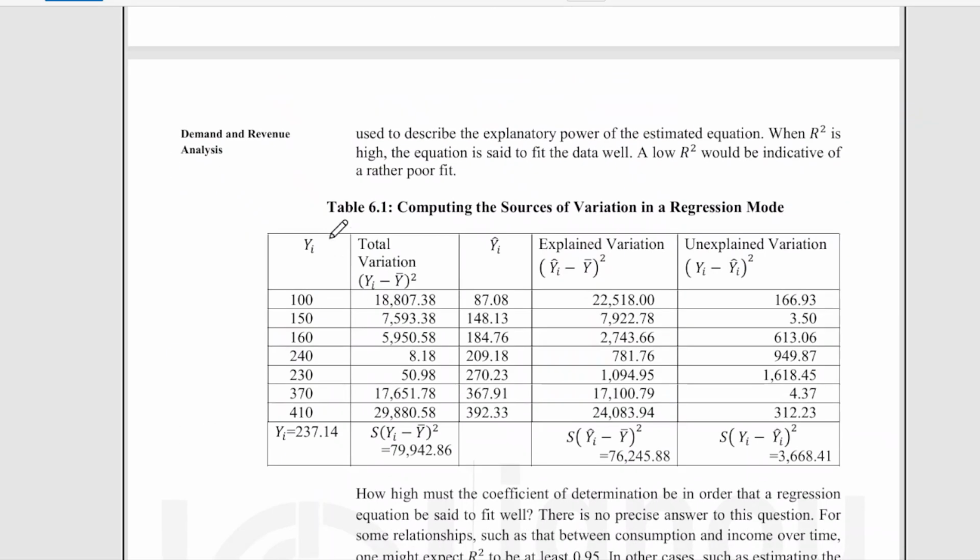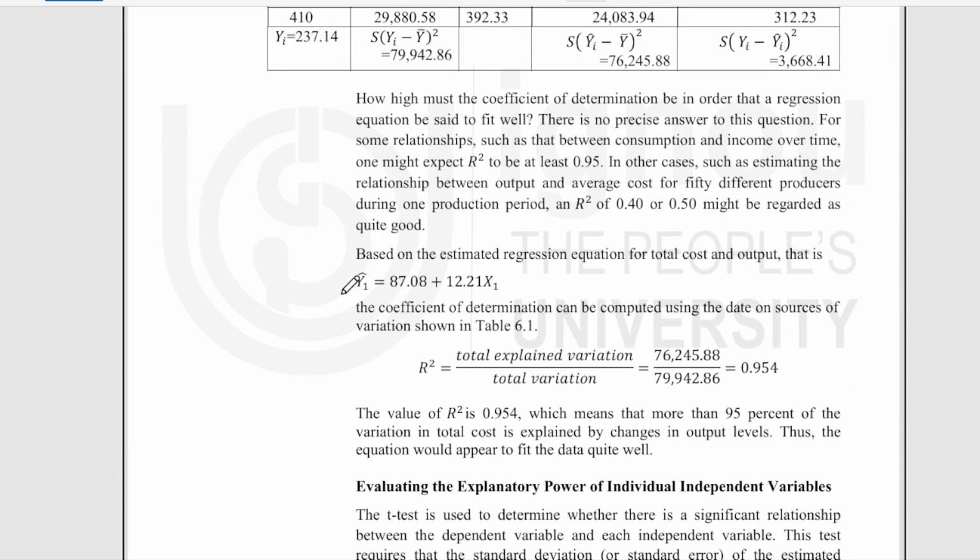Table 6.1 shows computing the sources of variation in the regression model. Here is y, and total variation, explained variation and unexplained variation are here. How high must the coefficient of determination be for the regression equation to be said to fit well? There is no precise answer to this question.